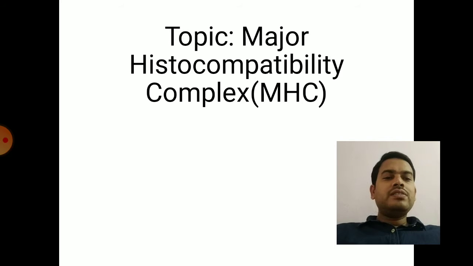So in mice it is called as H2 complex. In humans it is called as HLA complex, human leukocyte antigen complex. So the genes for coding these MHC are present on chromosome number 6 in humans and chromosome number 17 in mice.